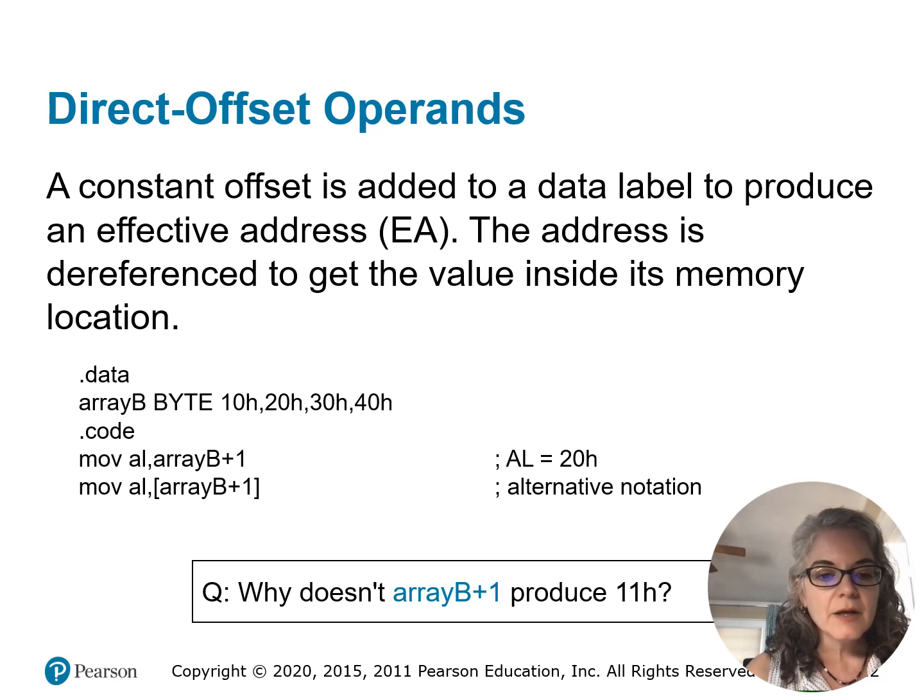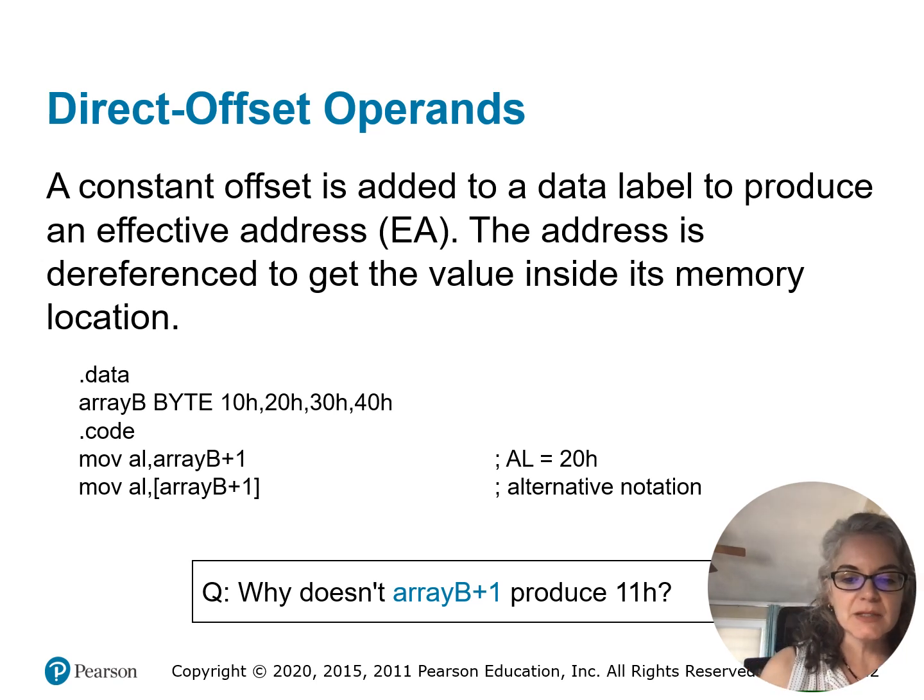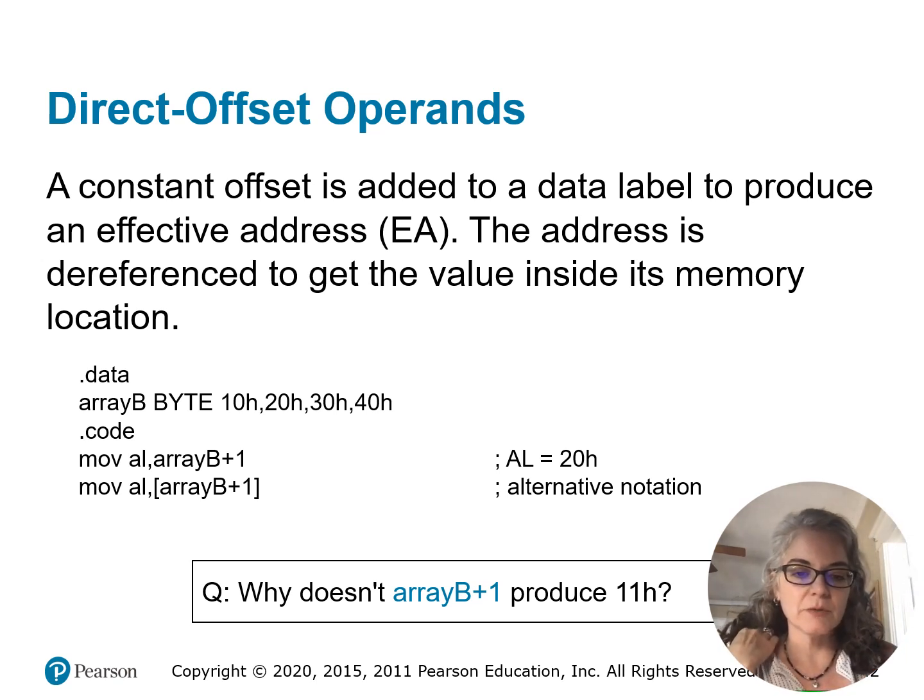Here, the question is, why doesn't arrayB plus 1 produce 11H? Well, we're not adding the 1 to the 10, we're adding 1 to the address of where the array is found. So we're not adding 1 to these numbers in here. That's what I'm making sure you understand.